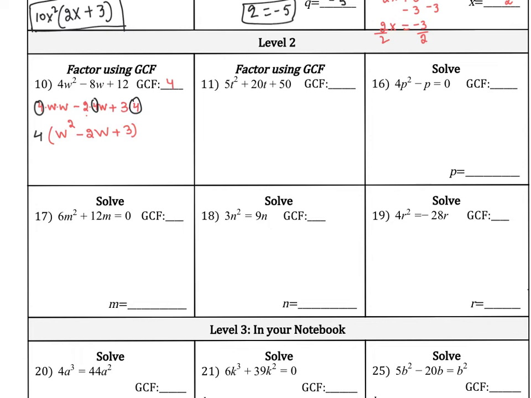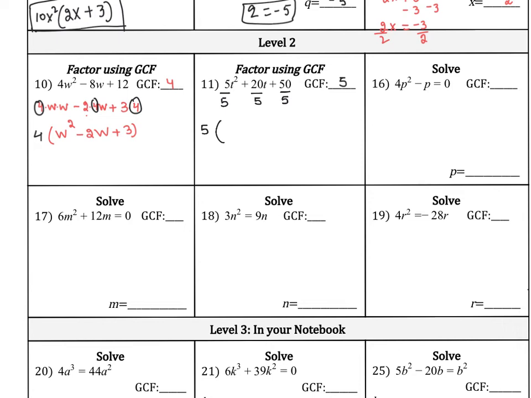For the next question, number 11, I can see that all of them have a greatest common factor of 5. So you can divide all of the terms by 5, since 5 is the GCF that comes out.